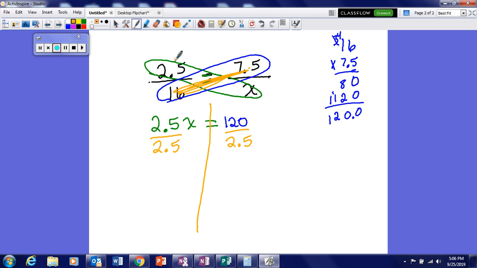Multiply and then divide. So these cancel out, you're left with x equals, and then you have to do this division.